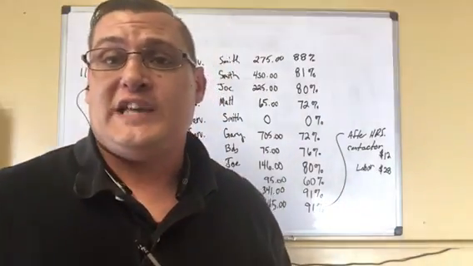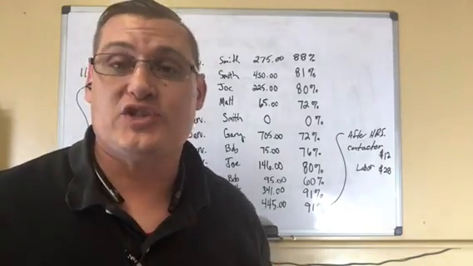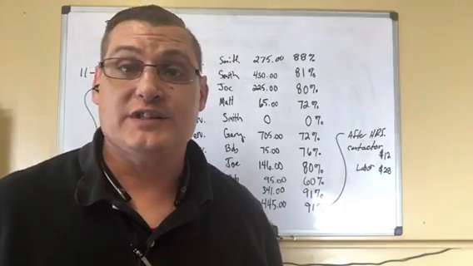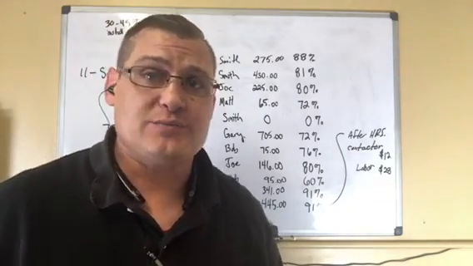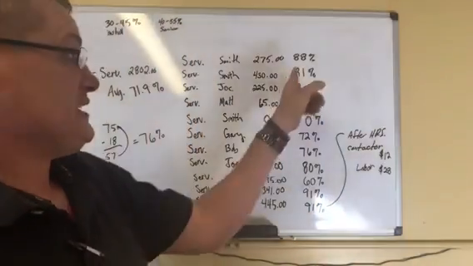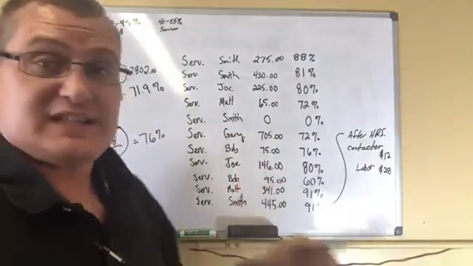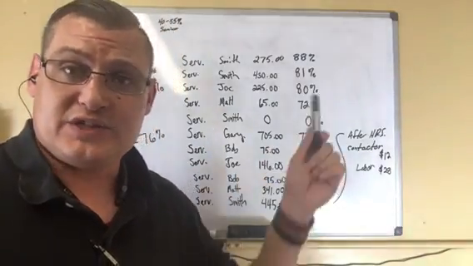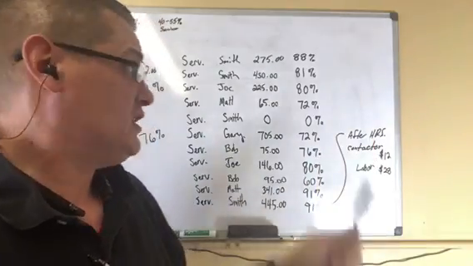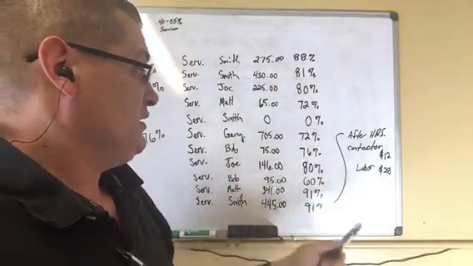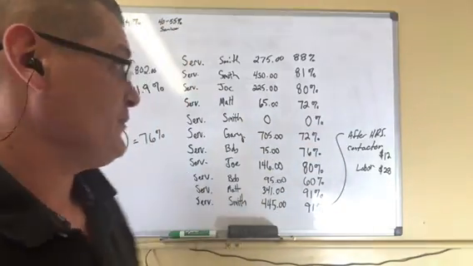So I want to give one more example here as far as why you want to charge more money for your services, for your installations as well, but we're just dealing with service primarily here. And you can see this is just a typical day. This was actually just a day that I picked out the schedule. These are the service calls that we ran with the total invoice totals, then broke them down to find out what the gross profit margin was.